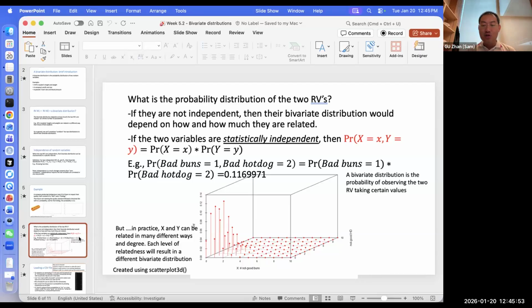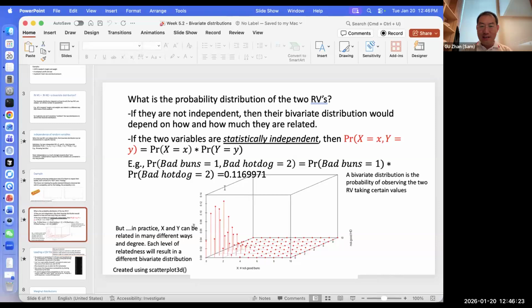Or you can even think there are two different factories, two different sellers. One is specialized in manufacturing buns, located in Jurong East. Another factory is specialized in producing sausages, located in East Coast. So these two are totally independent, with no influence on each other. So now let's have a look.